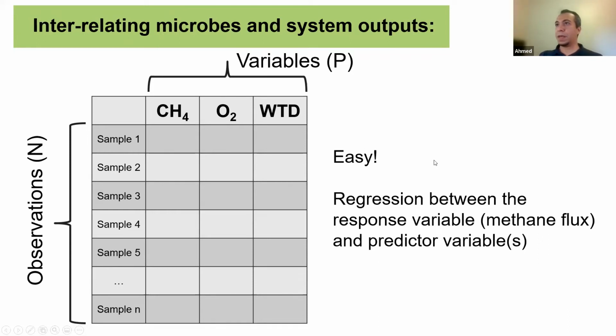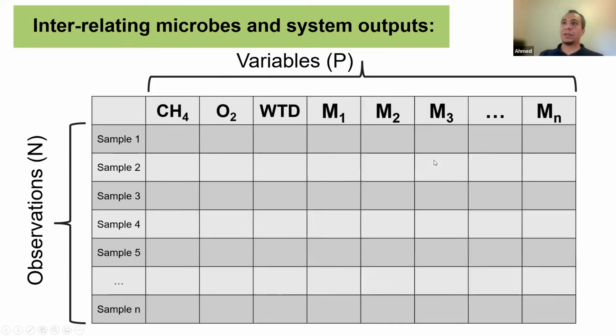When you add the microbiome data, microbial data, viral data, sets of proteins and transcripts, you end up having so many different columns. And now you want to figure out what is the best predictor, or the best variable in your data set that can be linked to your methane concentration or methane flux.